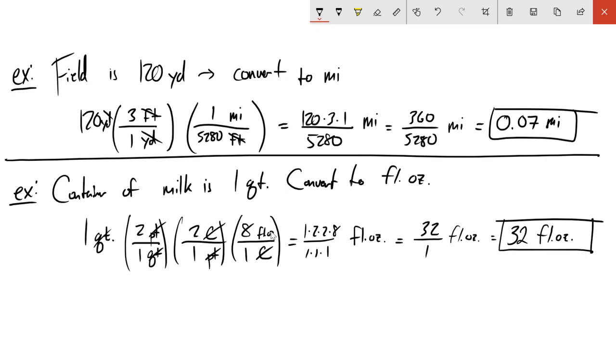Say that one more time: whatever unit you're trying to get rid of goes on the bottom. That's why in my first fraction, I put quarts on the bottom, and then I went to my table and asked what rate I have that involves quarts. Well, 1 gallon is 4 quarts, but that doesn't help me because I'm not trying to go up to gallons. The other rate is that 1 quart is 2 pints.